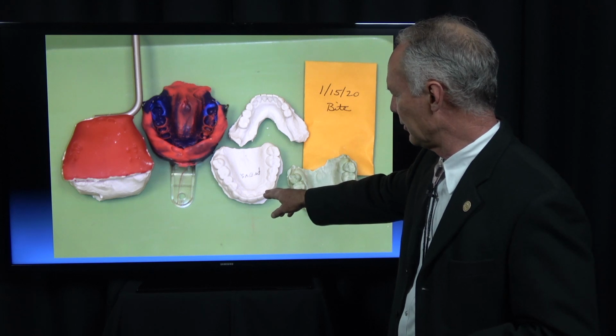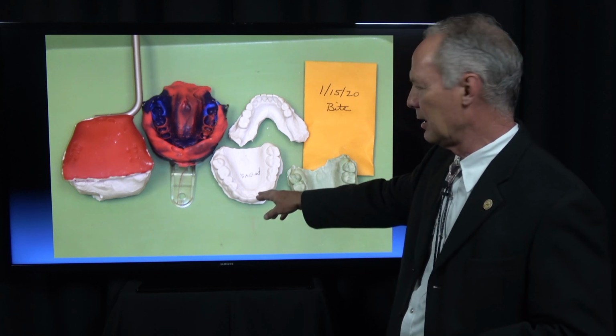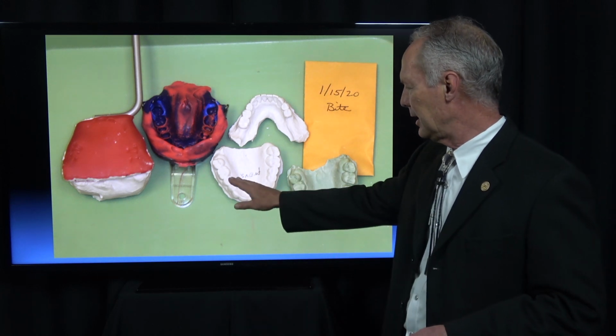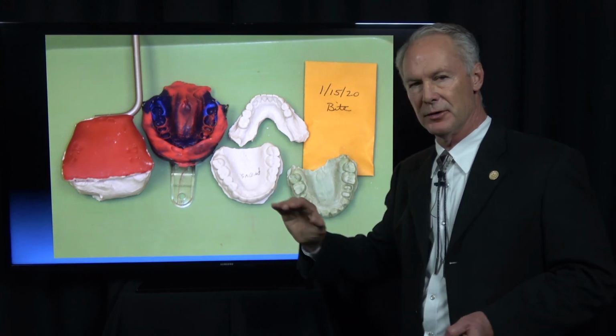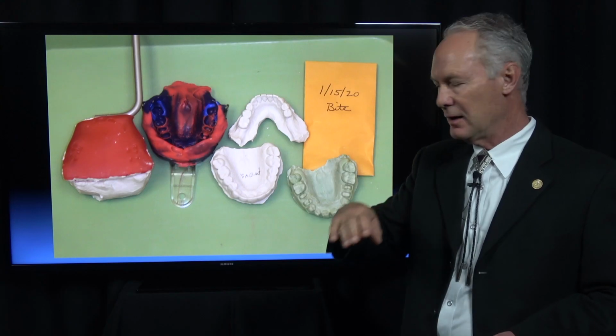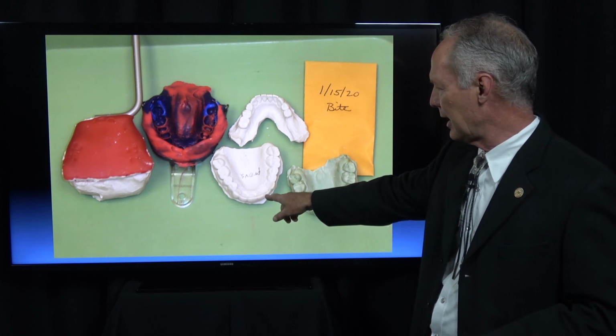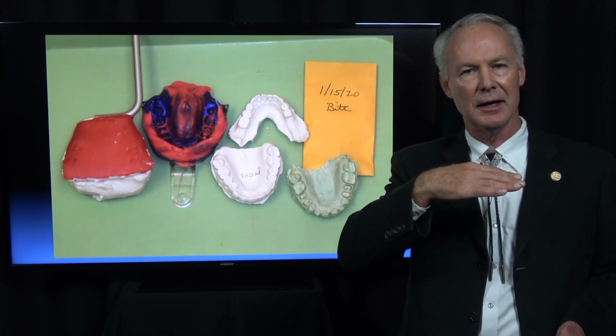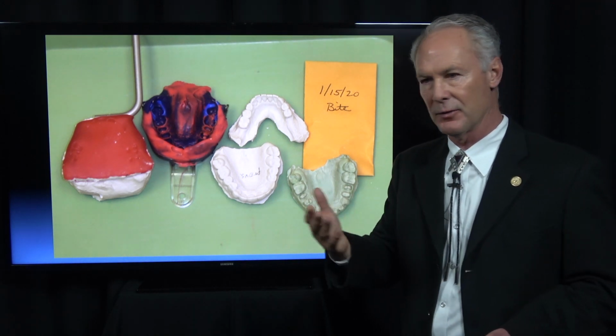This is an impression and model, stone model of the provisional restorations, and the incisal plane of the provisionals should be good. It should be the approximate length of the final restorations. The laboratory technician should be able to use this model as a guide for the length of the final restorations.